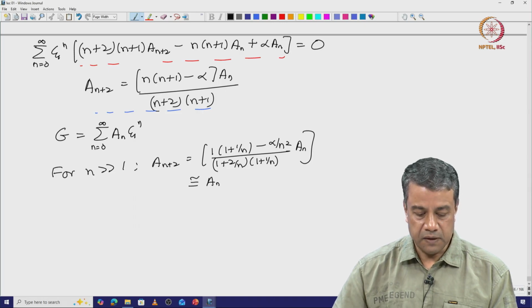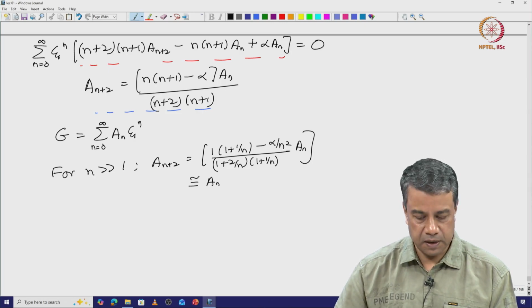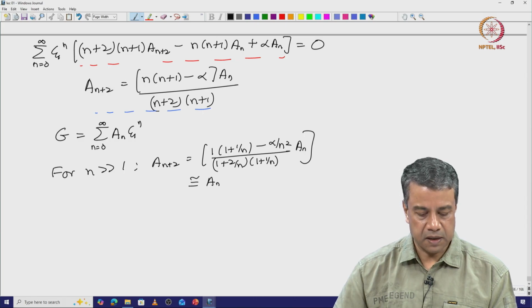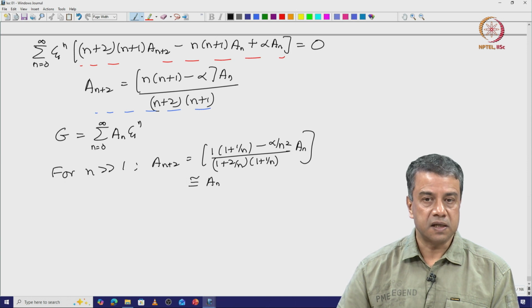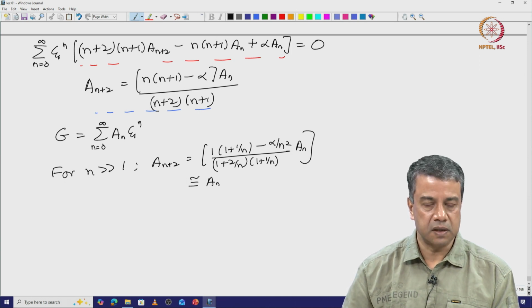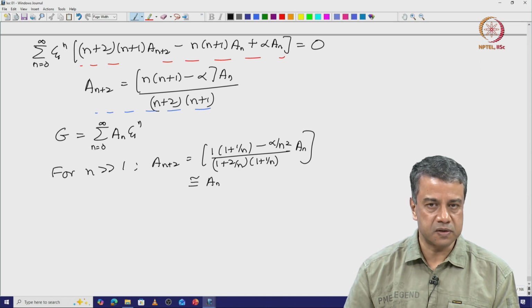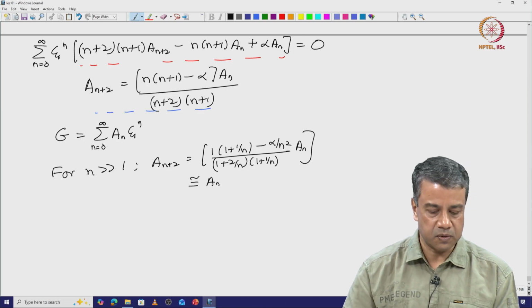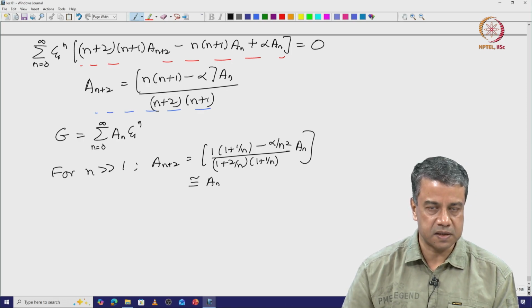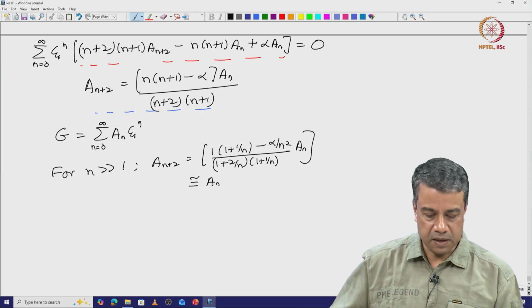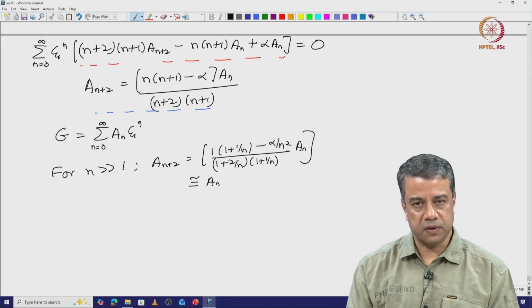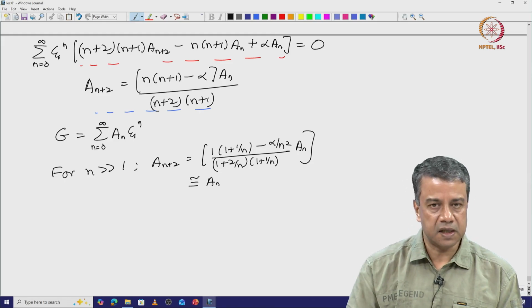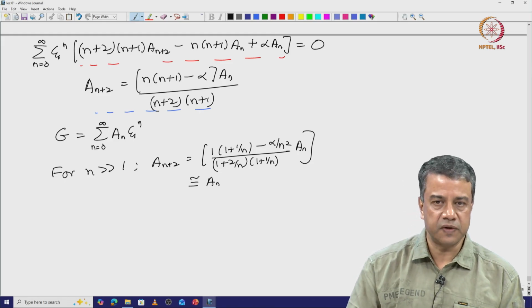If a n plus 2 is effectively equal to a n, then consider this series of a n psi power n at psi equal to plus or minus 1. Psi equal to plus 1 corresponds to the plus z axis, psi equal to minus 1 corresponds to the minus z axis. Then for large n, a n plus 2 is equal to a n, and I have this a n times psi power n. So, it is basically a sum of coefficients a n.